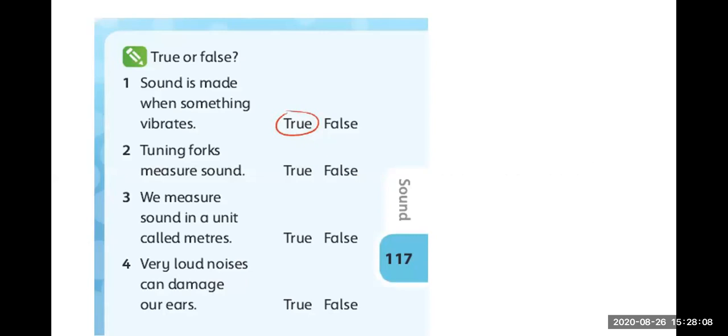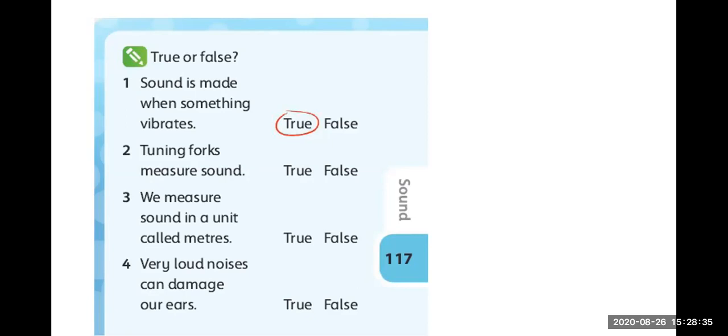Now question 2: Tuning forks measure the sound. Is it true? Of course it is false, because to measure sound we don't use tuning forks. What we use, I explained during the explanation. Let's find it as homework.